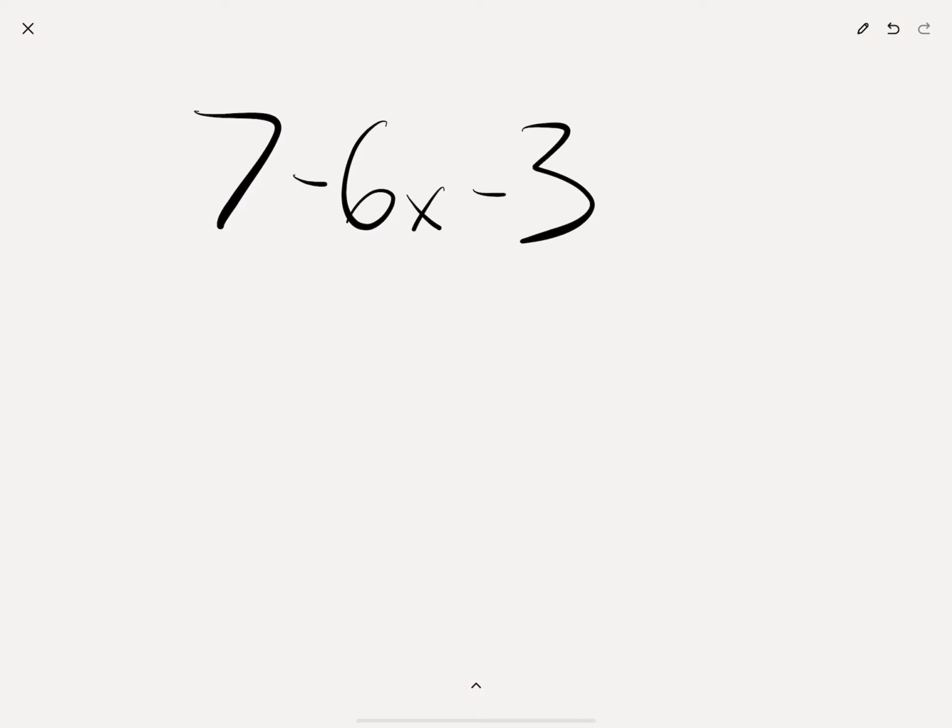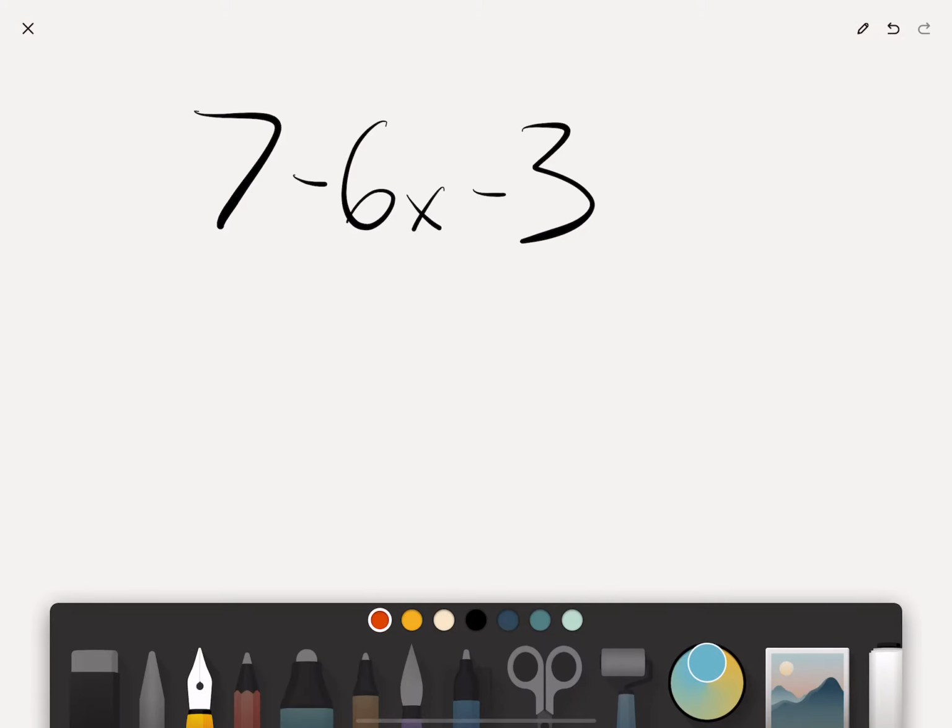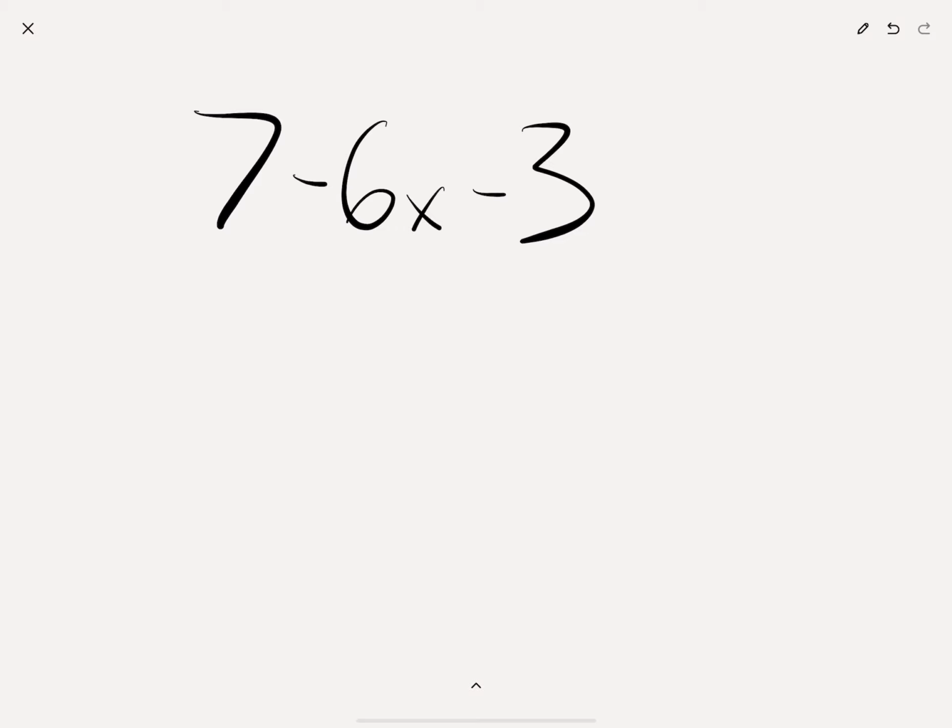They can also have no variable at all, and we already know this. We've been doing this, but don't overthink this. The three terms here are 7, negative 6x, and negative 3. Well, obviously, negative 6x is the only term with a variable, and none of the other terms have variables. So we know negative 6x has no like terms. So I'm just going to bring it down here, negative 6x.